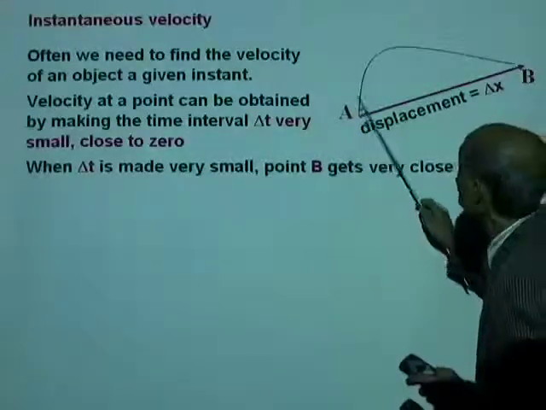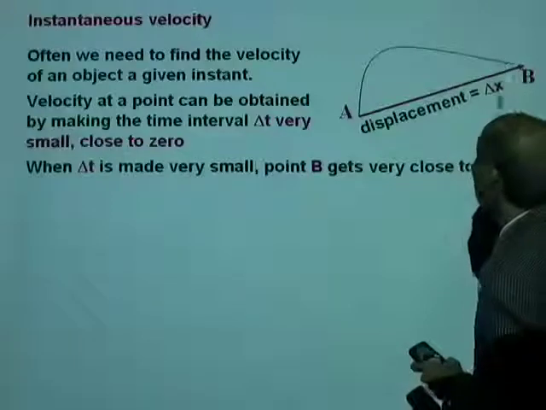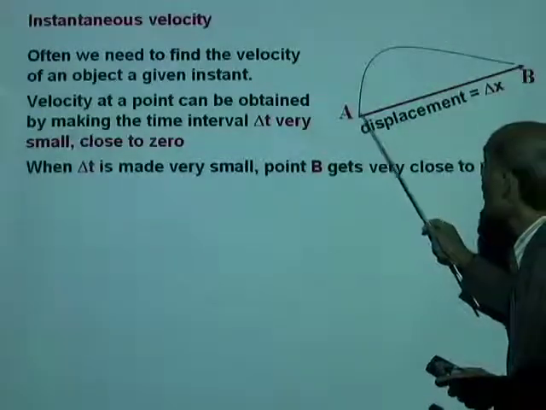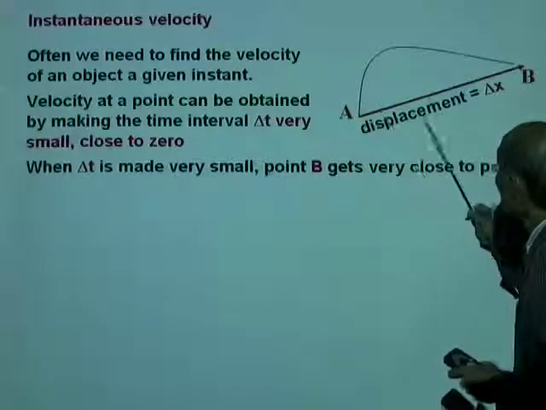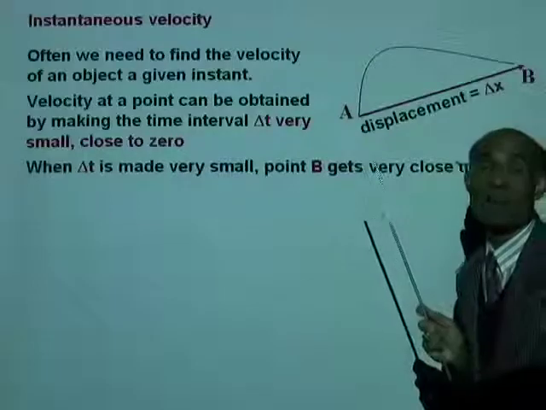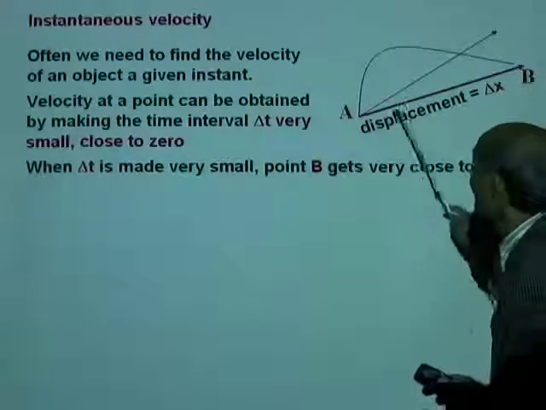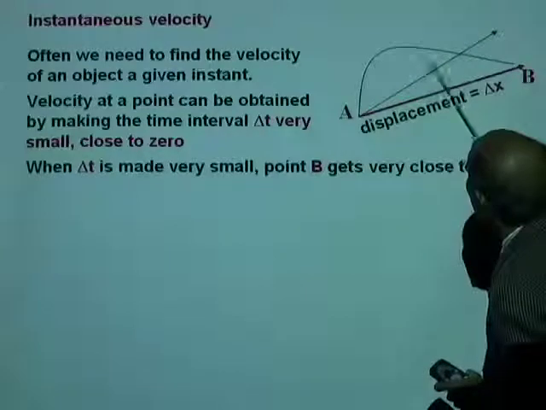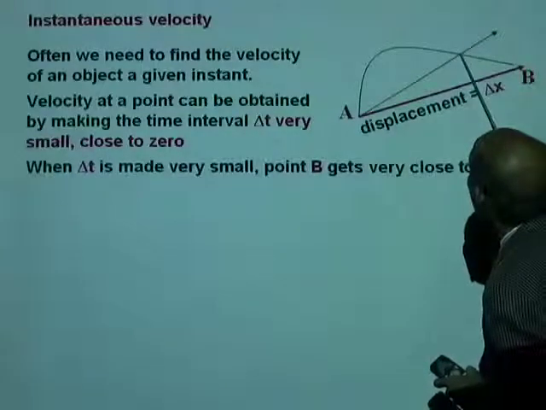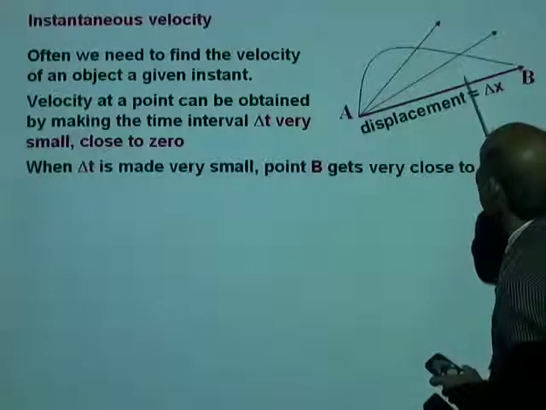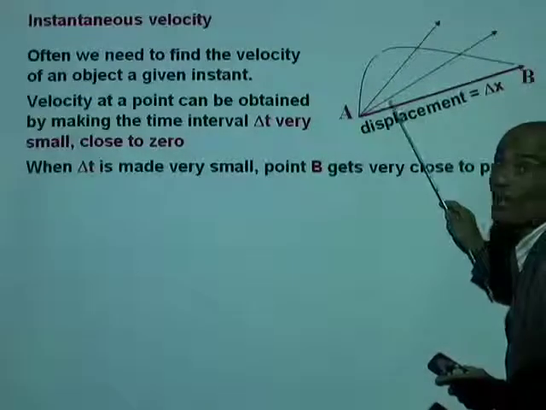Look at that. This is the path of the object, the path taken by the car. The average velocity during that interval is delta x divided by delta t. Now suppose the car is moved from A to B. You bring B over here, and you notice that the time interval is now shorter.